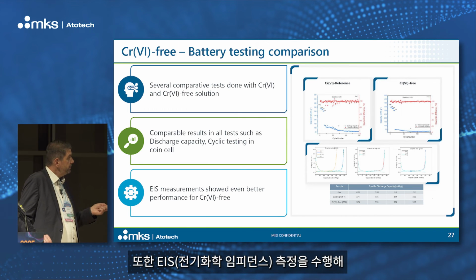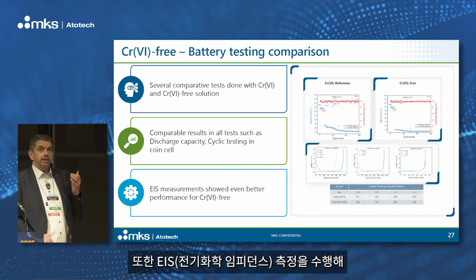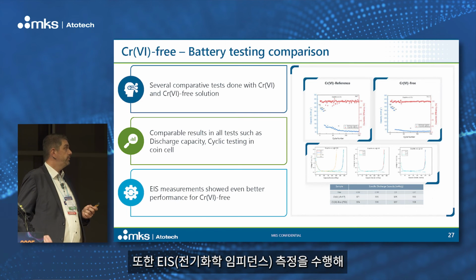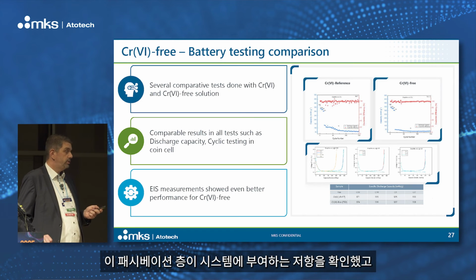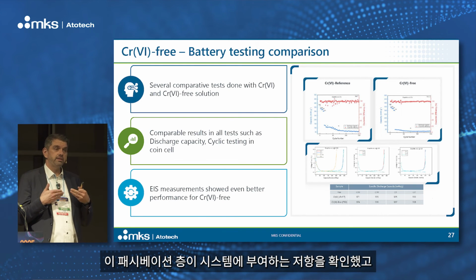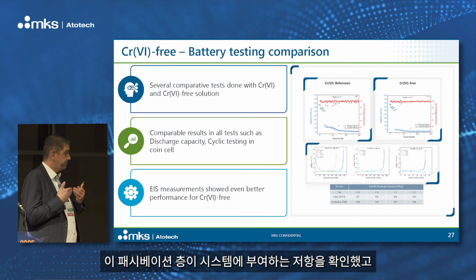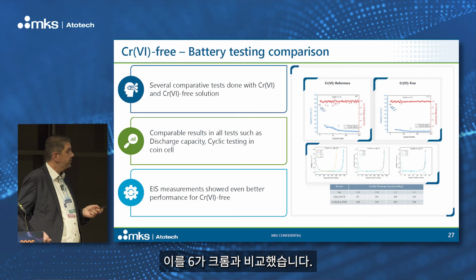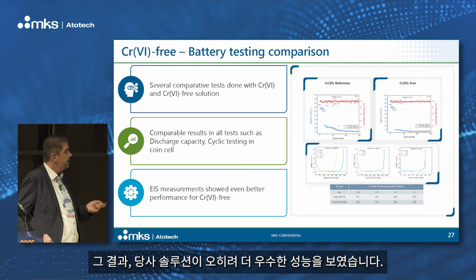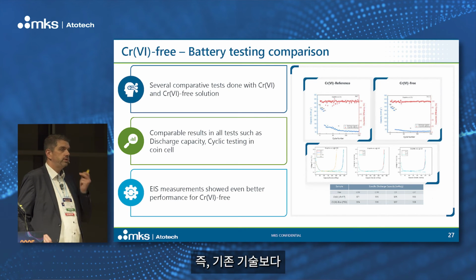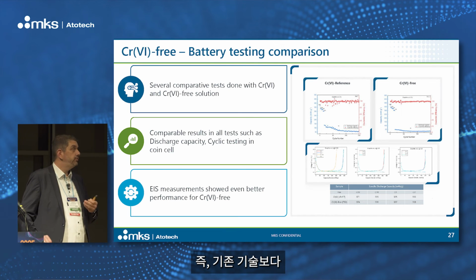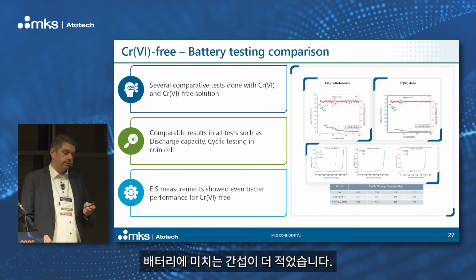We also did some EIS measurements, so we measured the electrochemical impedance of these systems. We checked how high the resistance is which this passive layer gives to the system, and compared this again with Chrome 6. Here we had even better performance. So the solution we have interferes even less with the battery than the current technology.